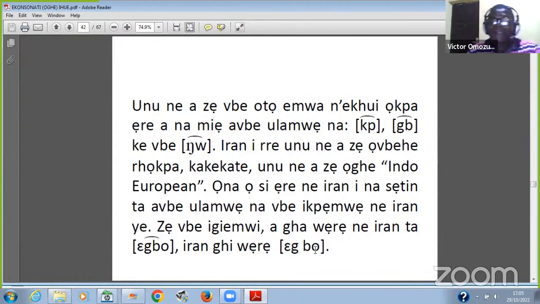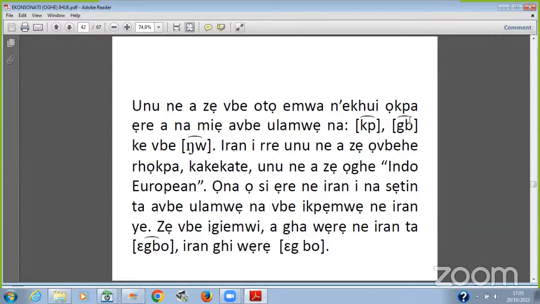They first of all have egg and then bo. Whereas an average Edo person will say gbe, egbo. It's a single word. That is why you have that symbol on top of it to let you know that it is a single sound. It's a single sound. Okay?